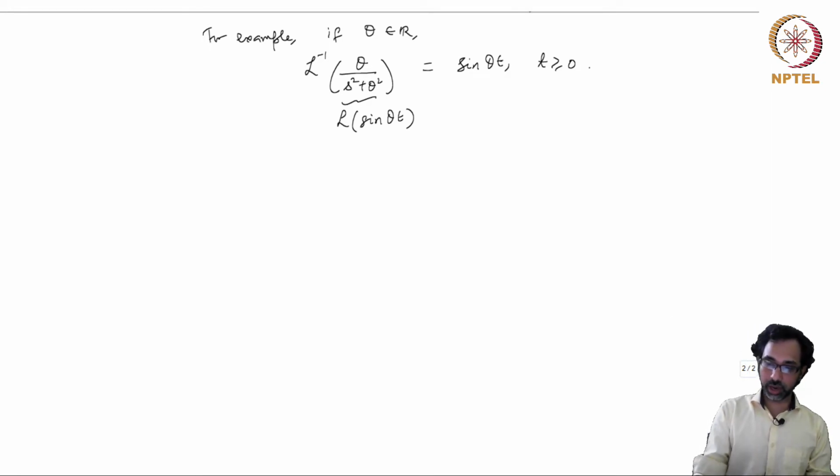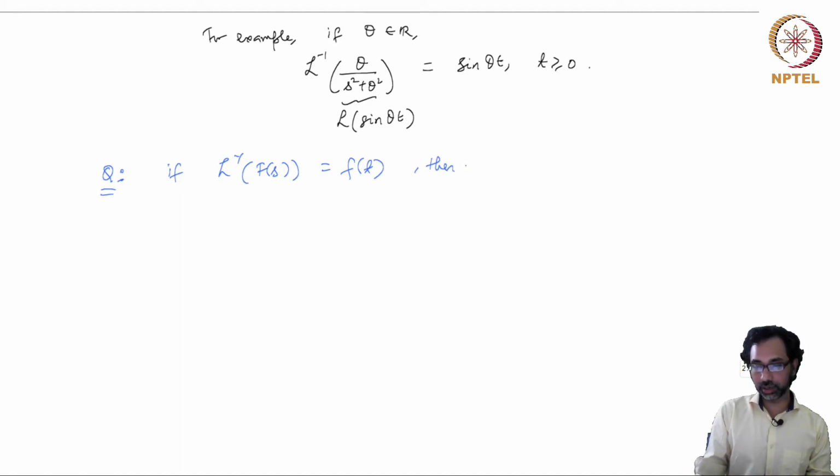Now the question arises that if L inverse of F(s) equals f(t), then is there any other function g(t), which is not identically the same as f(t), such that the inverse of F(s) is also equal to g(t)?